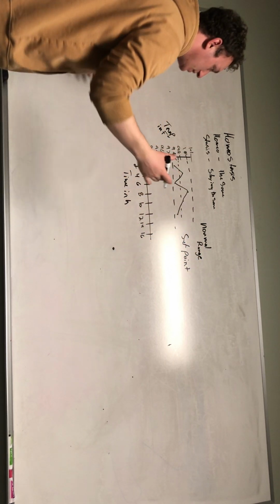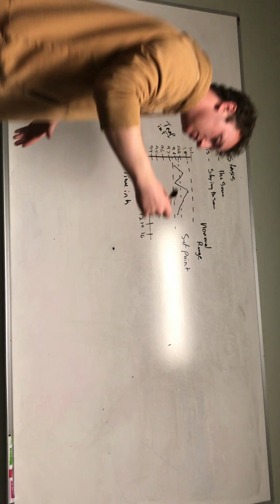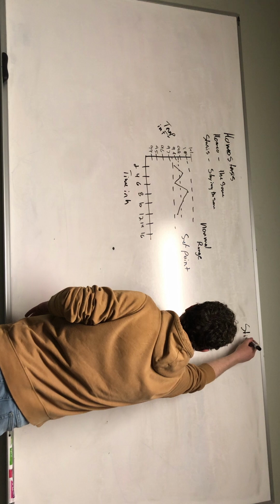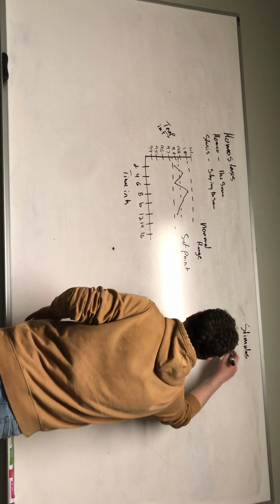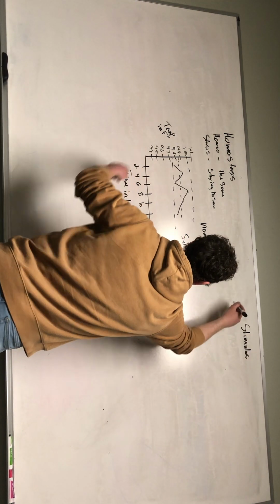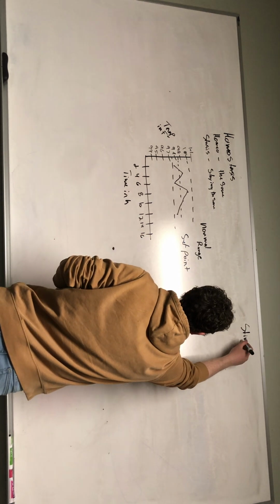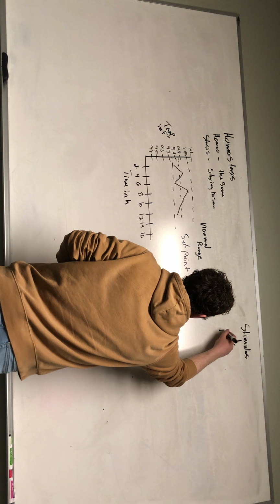Now, how the body does this, there's a specific pathway that it uses, and that all starts with a stimulus. Let me show you the pathway first. So there's a stimulus, and then you have a receptor.